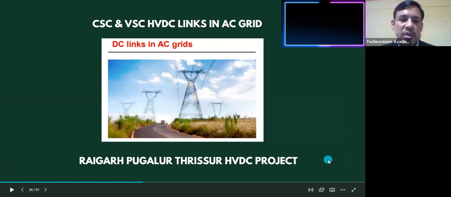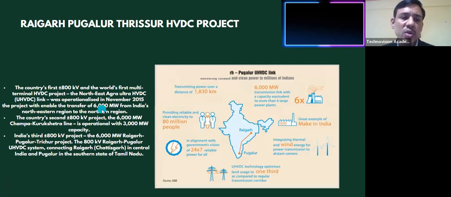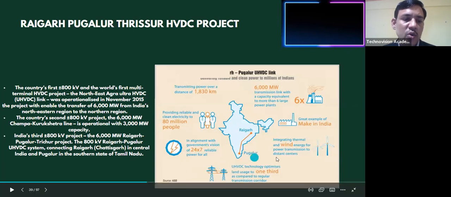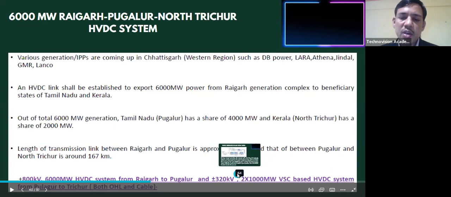So this is the Raigarh Pugalur Thrissur HVDC system. It is transmitting 6,000 megawatt from Raigarh to Pugalur. That is ultra high voltage DC, and there is another technology, that is plus minus 320 kV. So this is a VSC HVDC.